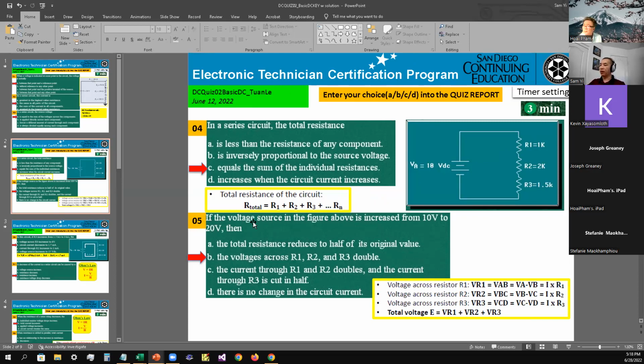Number 5, if the voltage source in the figure above is increased from 10 volt to 20 volt, then the voltage across R1, R2, and R3 would also double. So if you increase the source voltage, then the voltage over each one will also double. So the answer is B as in Bob for number 5.